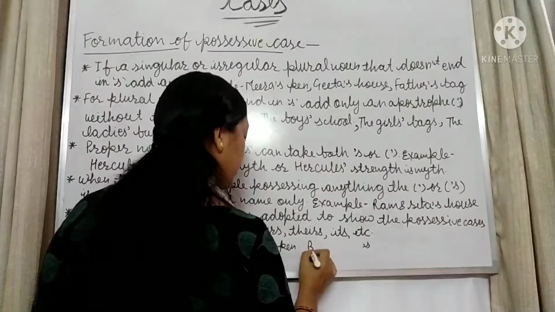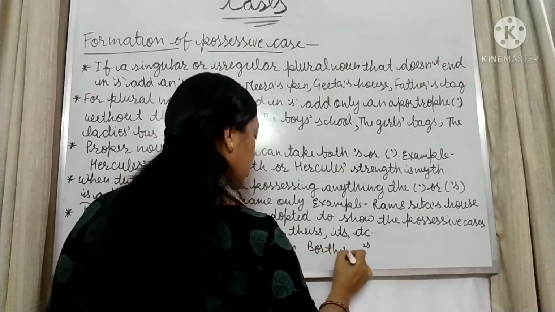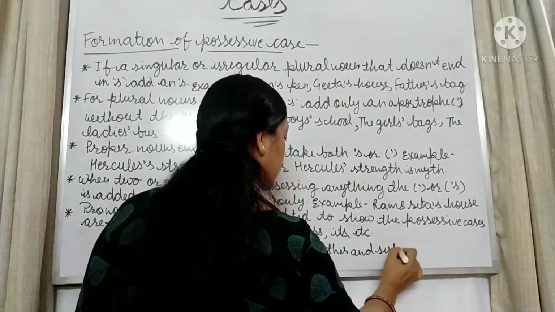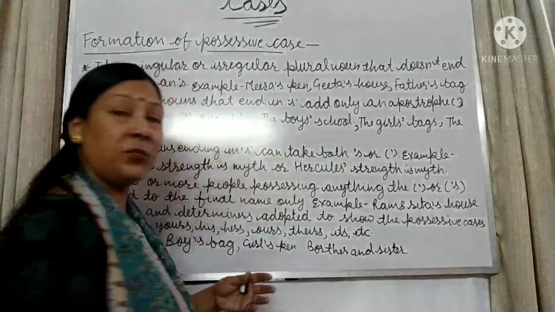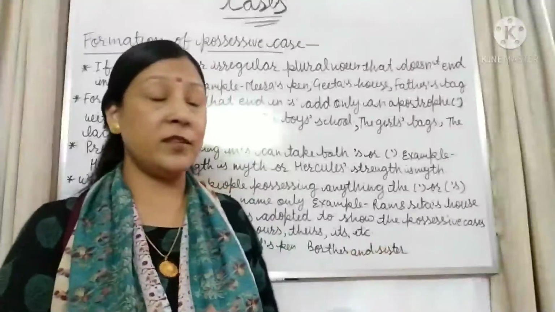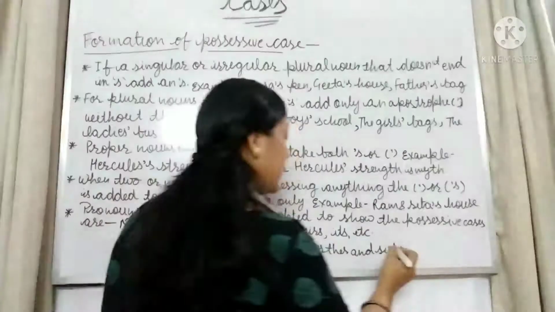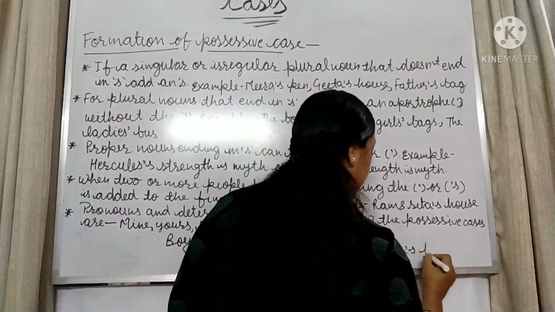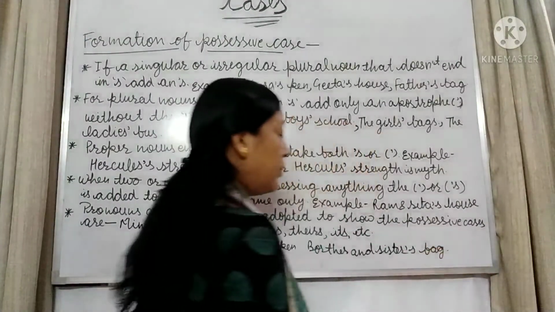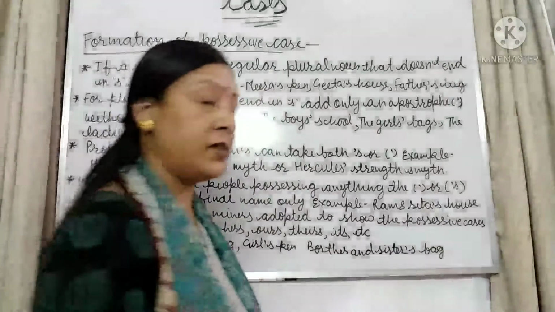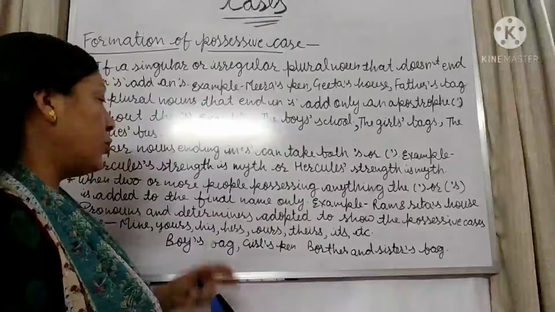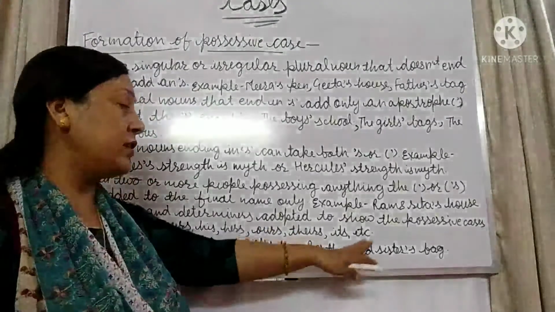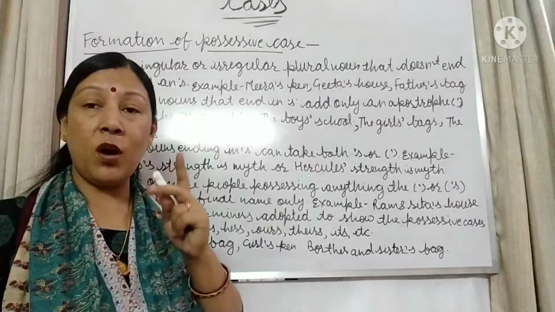Like brother and sister, something is possessed by both brother and sister. In this case we will write brother and sister's bag, because when you see that two or more people are possessing anything, in this case, brother and sister, there are two who are the owners of the bag.